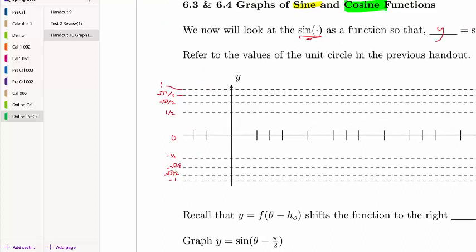So as you recall from the unit circle, when the angle is 0, the y has a coordinate of 0 as well, so it goes right there.